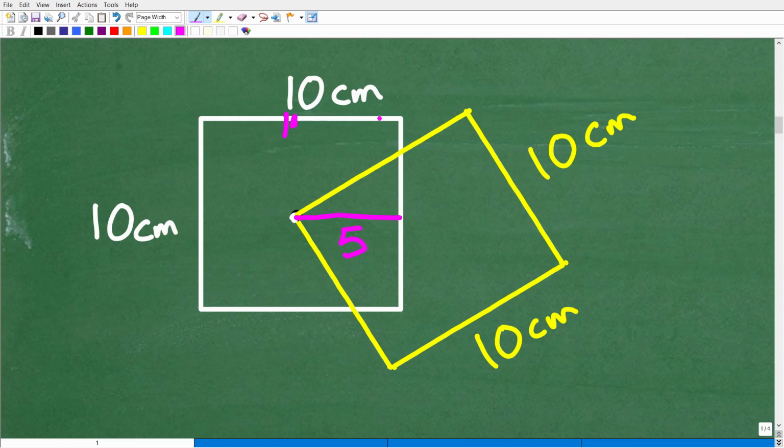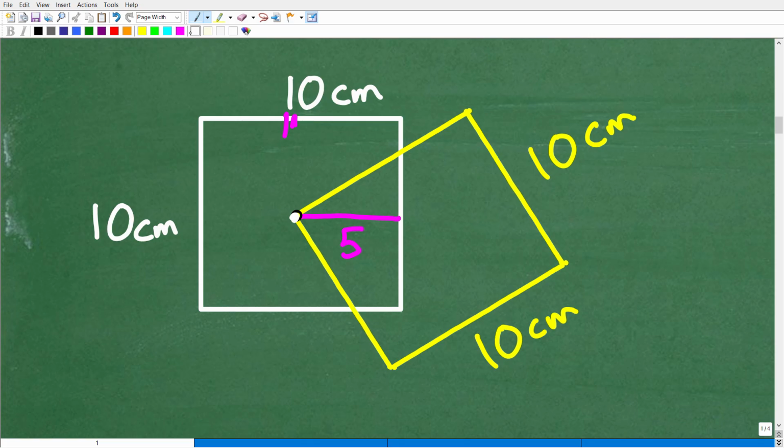So hopefully most of you are saying we do know from here to here that is 5, and that distance is also going to form a right angle. So we kind of have this situation right there. But outside of that, you might be saying, I don't really know how to approach this problem. Again, as I indicated, most people are going to be confused on how to figure this out.